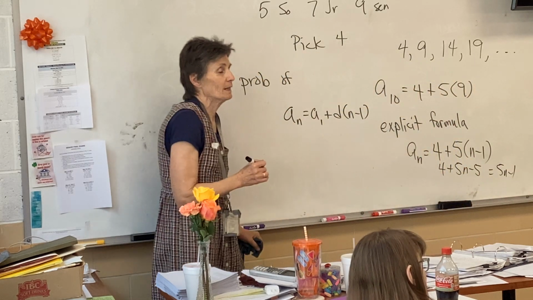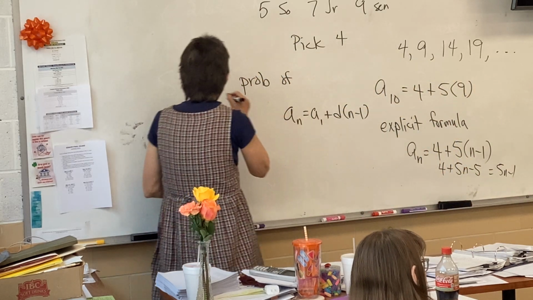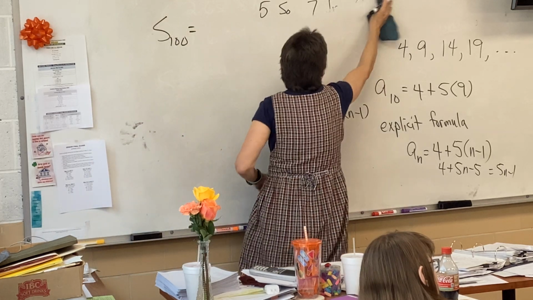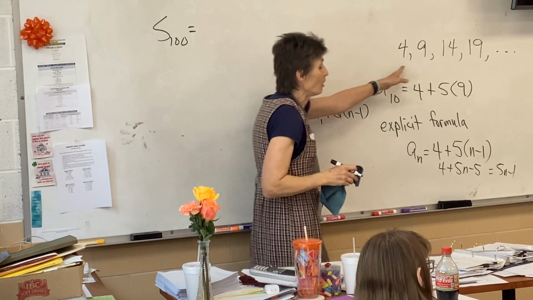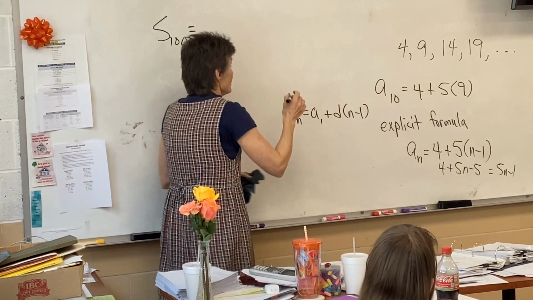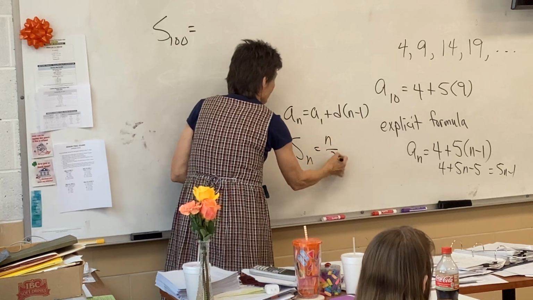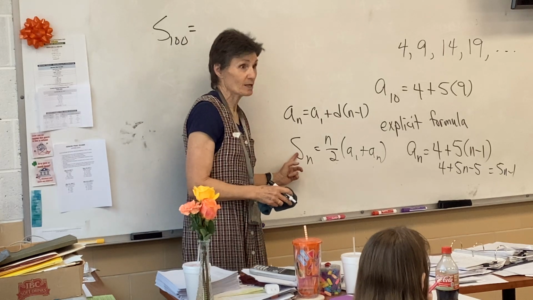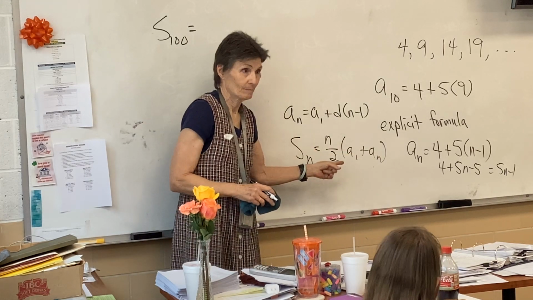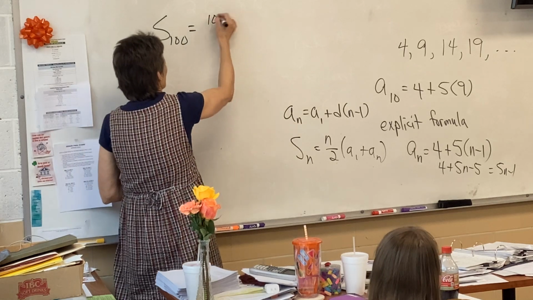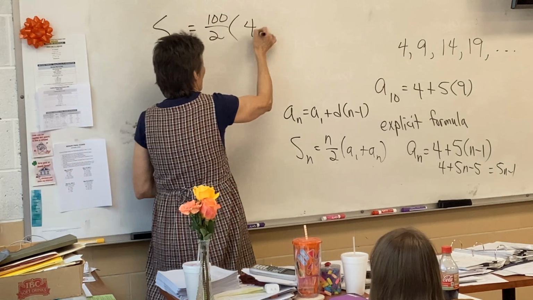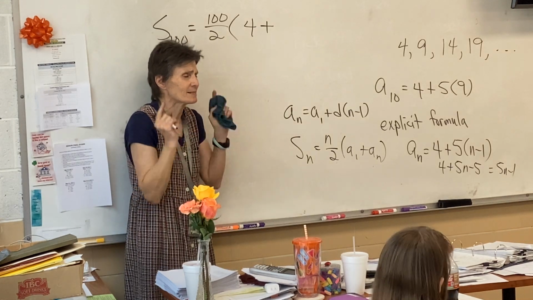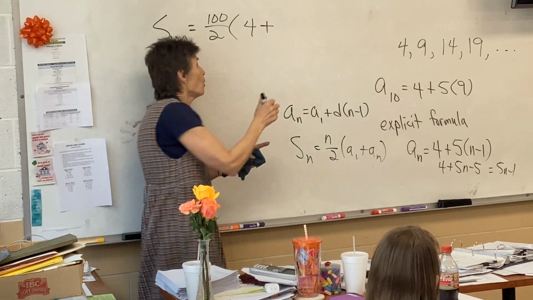There's your explicit formula. What if I said, very quickly, find the sum of the first 100? Add all these up all the way out to the 100th. So the formula would be this one, and you know it's that one because it's S for sum, and it doesn't have an R. So 100 over 2, 4 plus, here's the tricky part, what goes here?